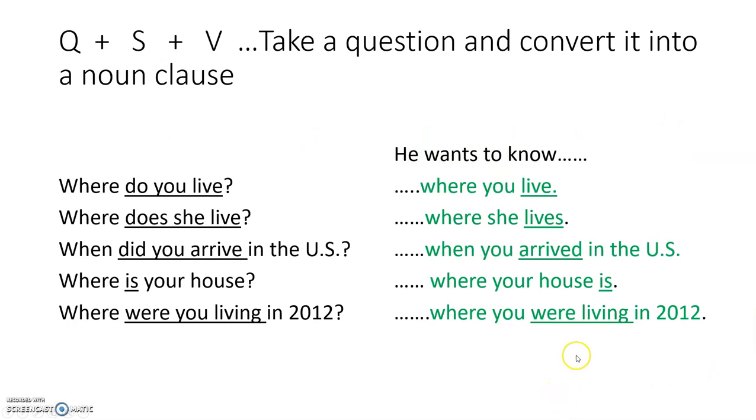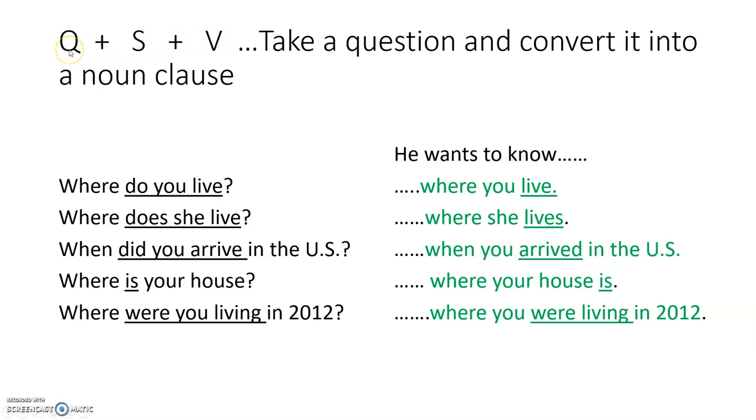I think probably the most challenging part is when we have a question that we want to turn into a noun clause. Your book doesn't use this little formula, but this is the easiest way that I can explain it to you. Learn this little formula, QSV. Obviously, S is your subject, V is your verb.